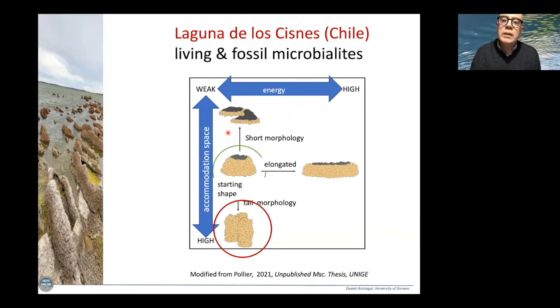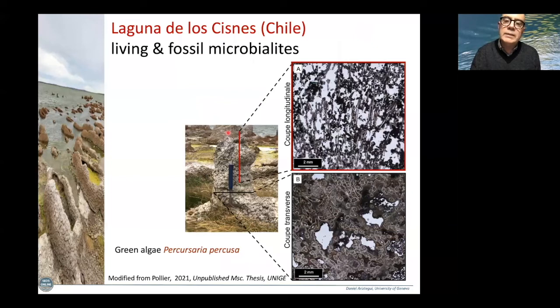If we make a cut in this sense, we see these beautiful tubes that look again kind of like spaghetti, thick spaghetti. And if we cut them in this sense, we see here these tubes, with different sizes and distribution, that make up the structure of this microbialite.